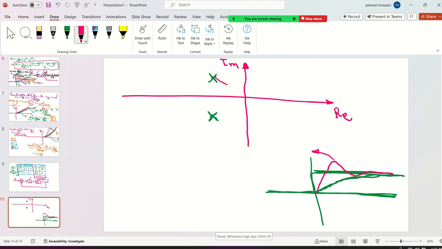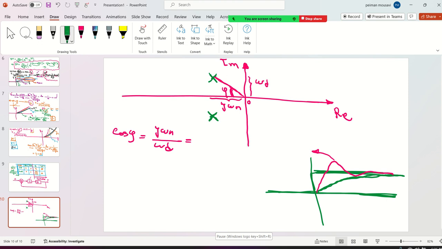So I told you if you connect this to here, to the origin, here was omega d, here was zeta omega n. This angle that we name as phi, from trigonometry you can say cosine phi is zeta omega n over omega d.